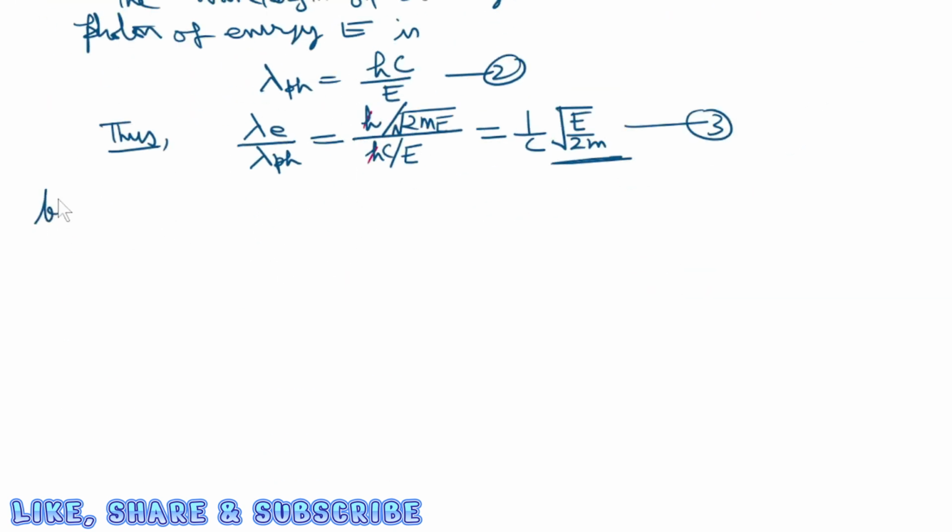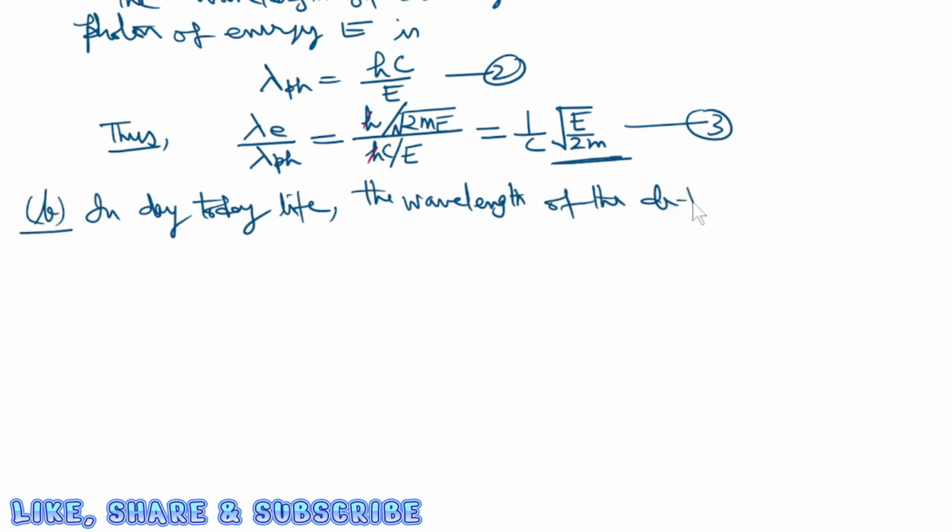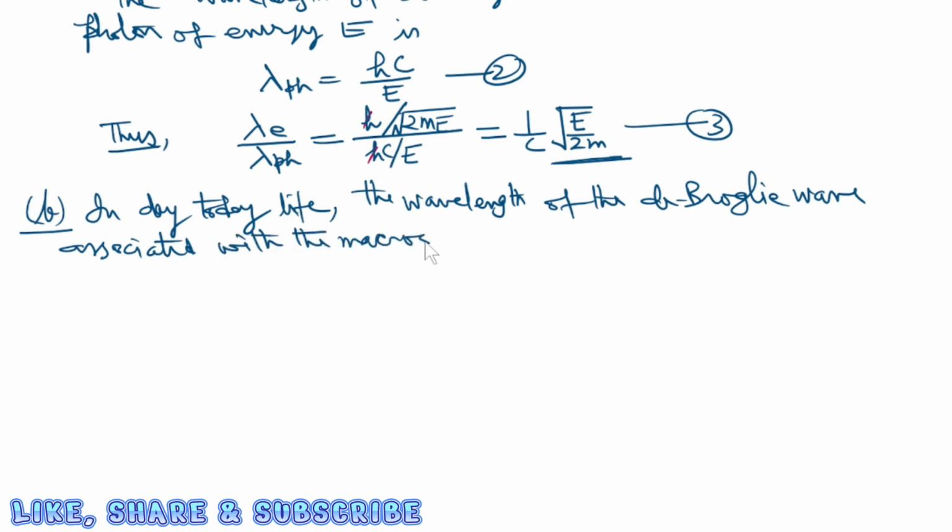Now answer to part B of the question. In day-to-day life, the wavelength of the de Broglie wave associated with the macroscopic objects is extremely tiny compared to the size of the macroscopic objects.